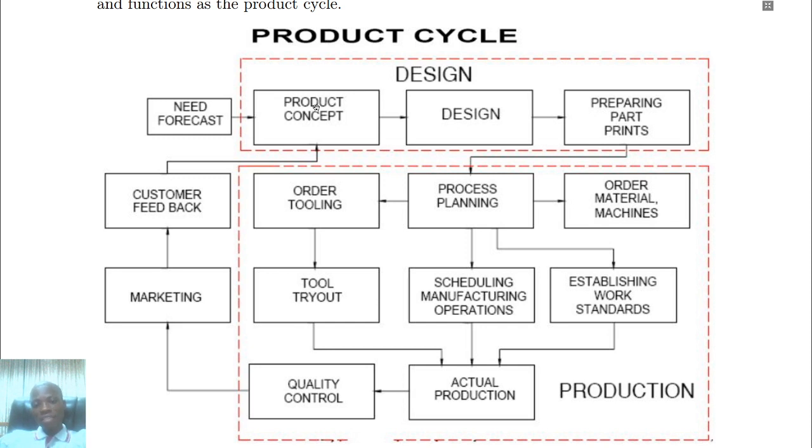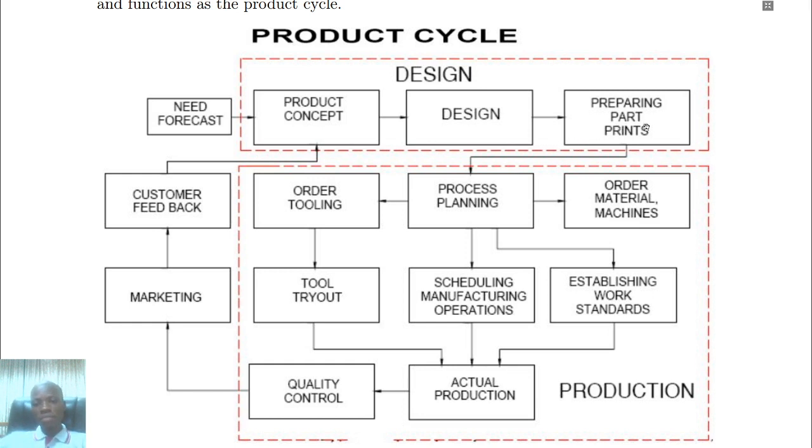Then after that, you have to do what you call preparing part prints. So when you have done that design of your thing, it has to be printed out, or maybe if you have drafted it using pencil and ruler and those instruments, that draft, you may have to have different copies of it.